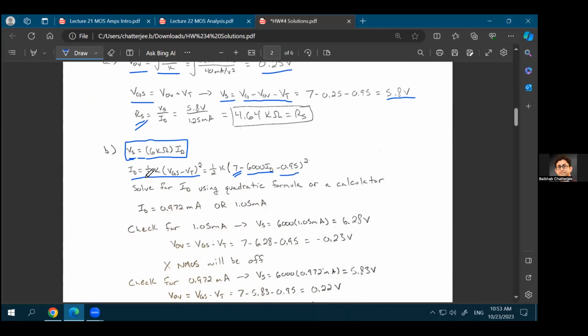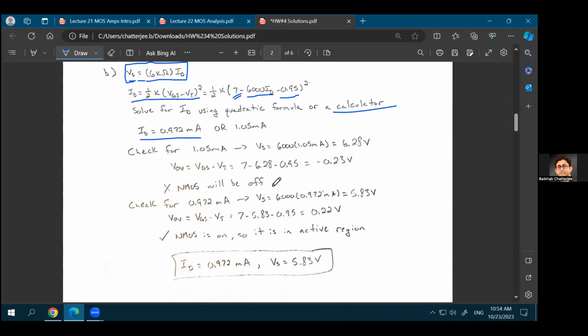And now you have a second order equation of ID, where all the other values are known. K is known, all these voltages are known. What is unknown is just this ID. So you can numerically solve this ID, or you can find it using a calculator, that ID is equal to, it could be two different values, 0.972 milliamperes or 1.05 milliamperes, because whenever you solve a quadratic equation, there could be two possible roots, right?